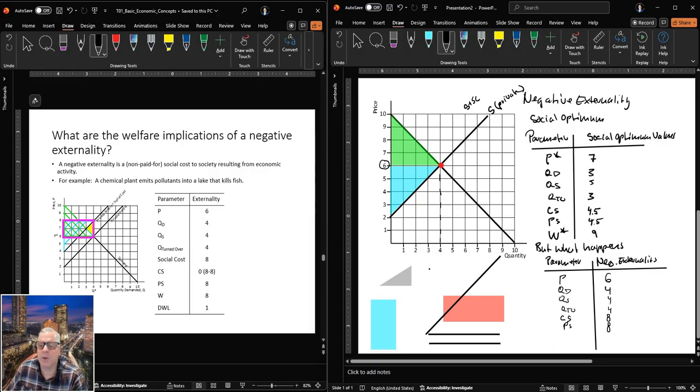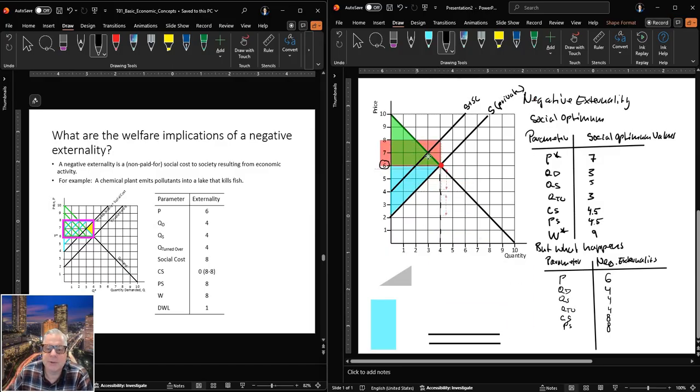But of course, welfare doesn't mean that we have 16 in welfare, because you can see the social cost. What happens is we turn over 4 units of activity, and each unit of activity turned over carries the social cost of 2.